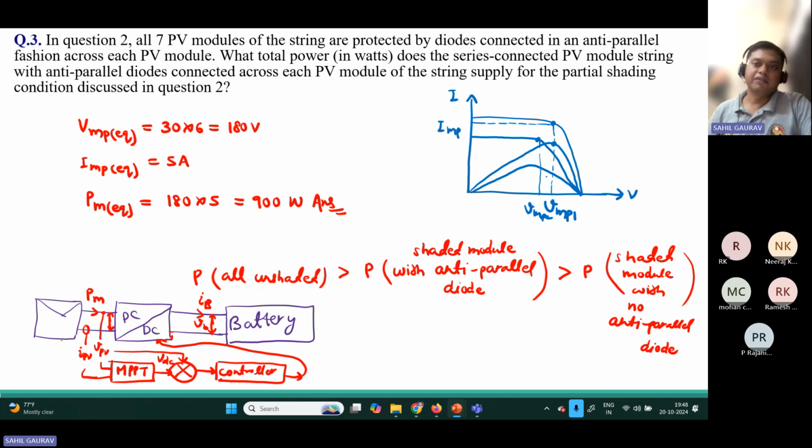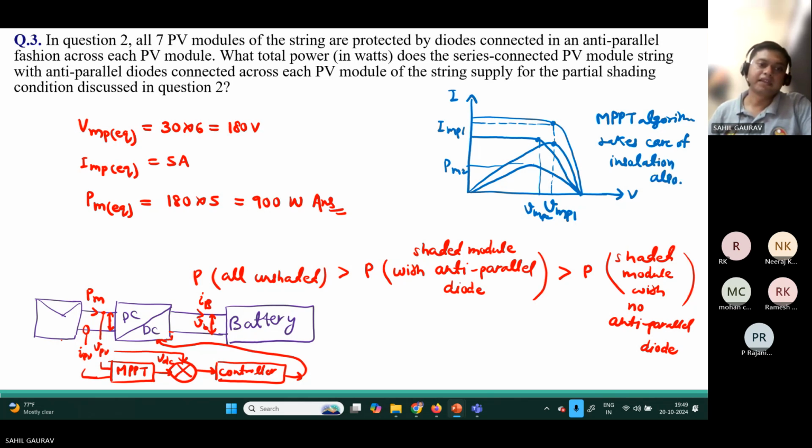So based on the insulation level, the maximum power also comes out different. It is decided by the MPPT algorithm. The MPPT algorithm takes care of the insulation also.